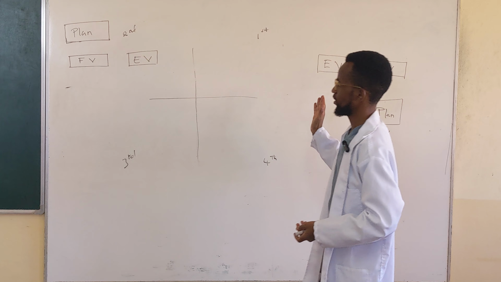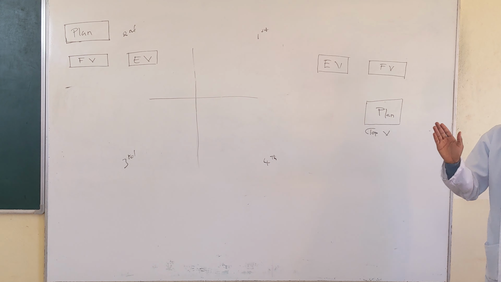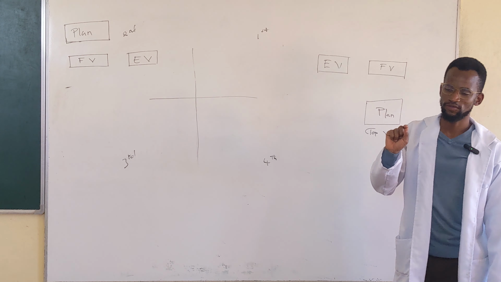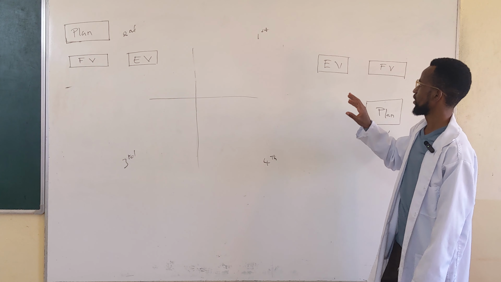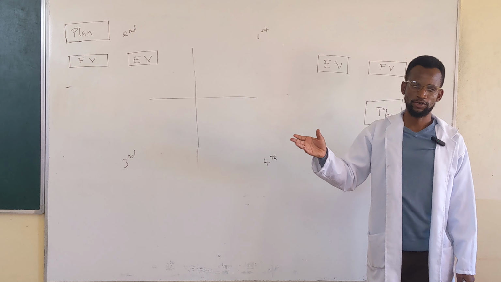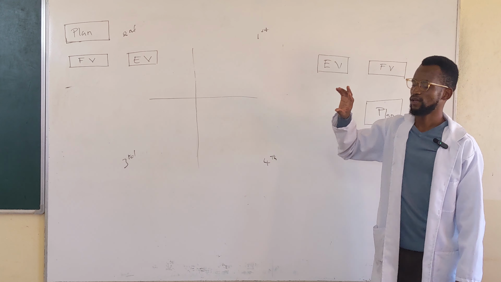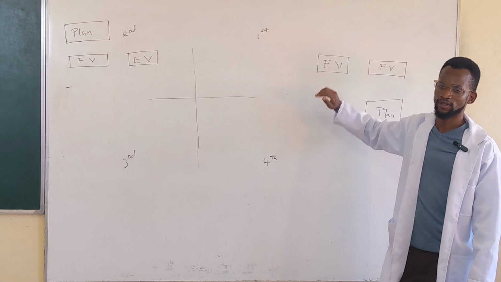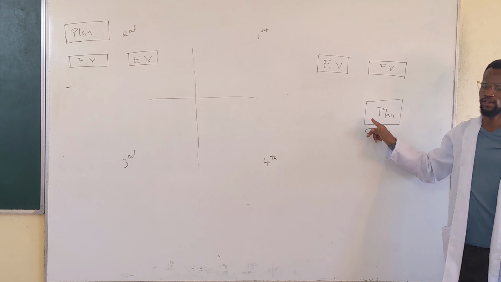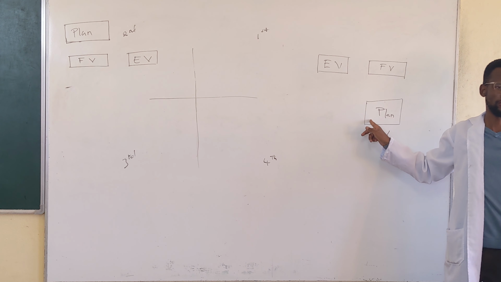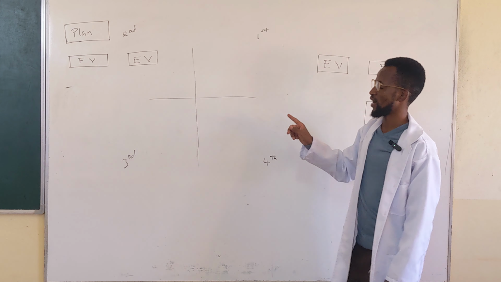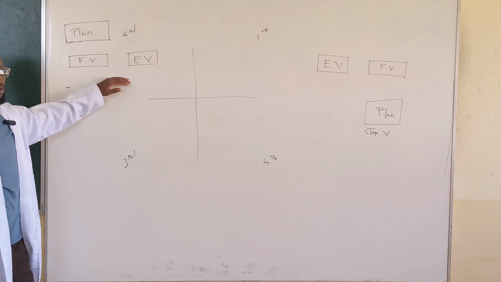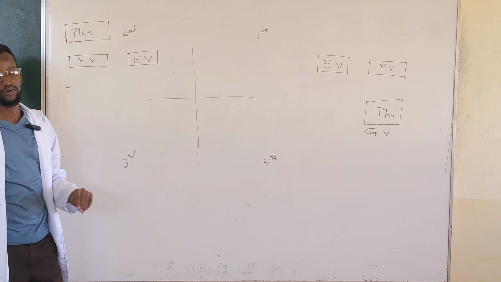So the same views, but the difference is only in the orientation or arrangement of the views. When you're looking at something in first angle projection, the front and the end view will be on top of the plan or the top view. When you're looking at something under third angle projection, the front and the end view will be at the bottom, and then the plan will be on top.